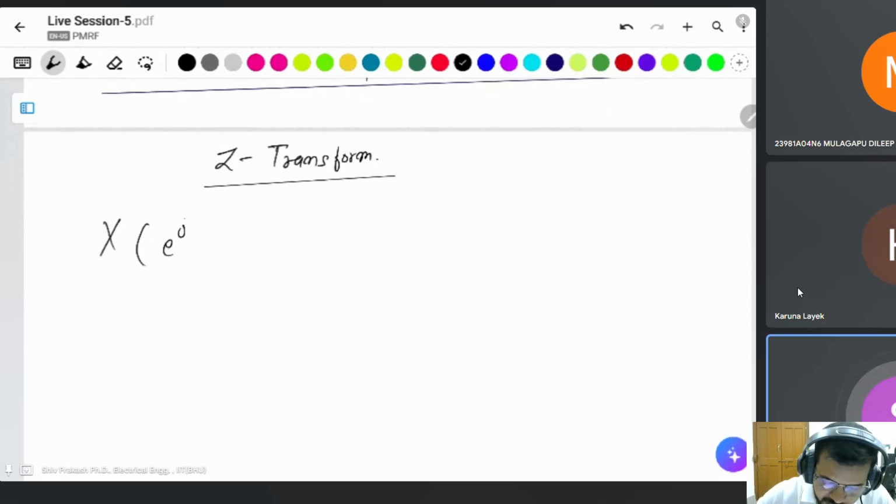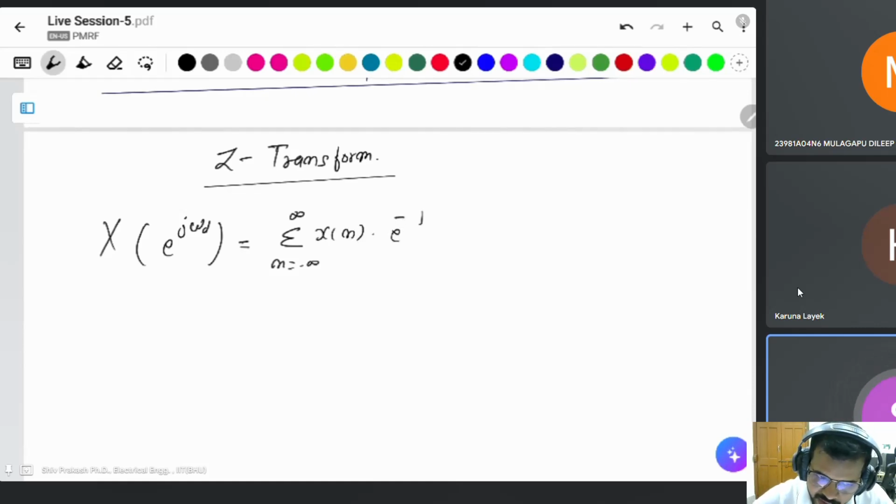e power j omega d, in discrete time, this is discrete frequency, j omega d. Summation of n equal to minus infinity to infinity, discrete is summation, and continuous is integration. There will be x[n] into e power minus j omega d into n.